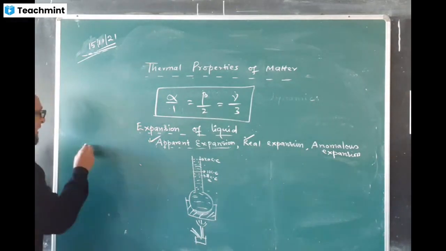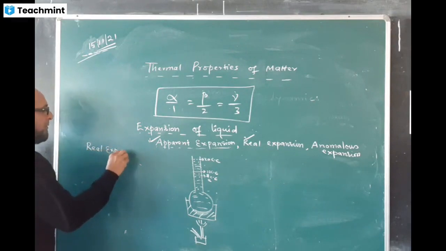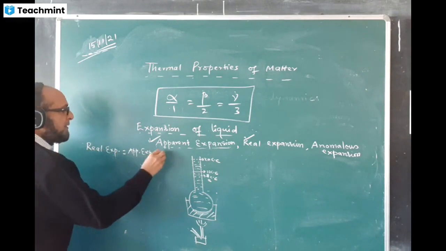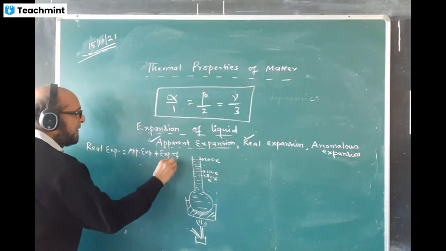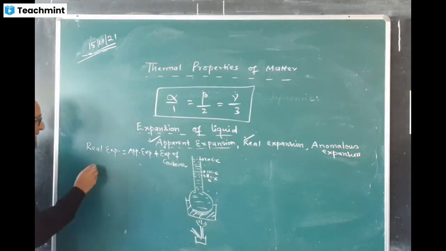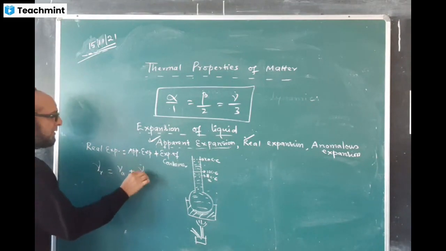That means we write that real expansion will be equal to apparent expansion plus expansion of the container, right? The formula we write as gamma R, the real expansion, is equal to gamma A plus gamma of the container.